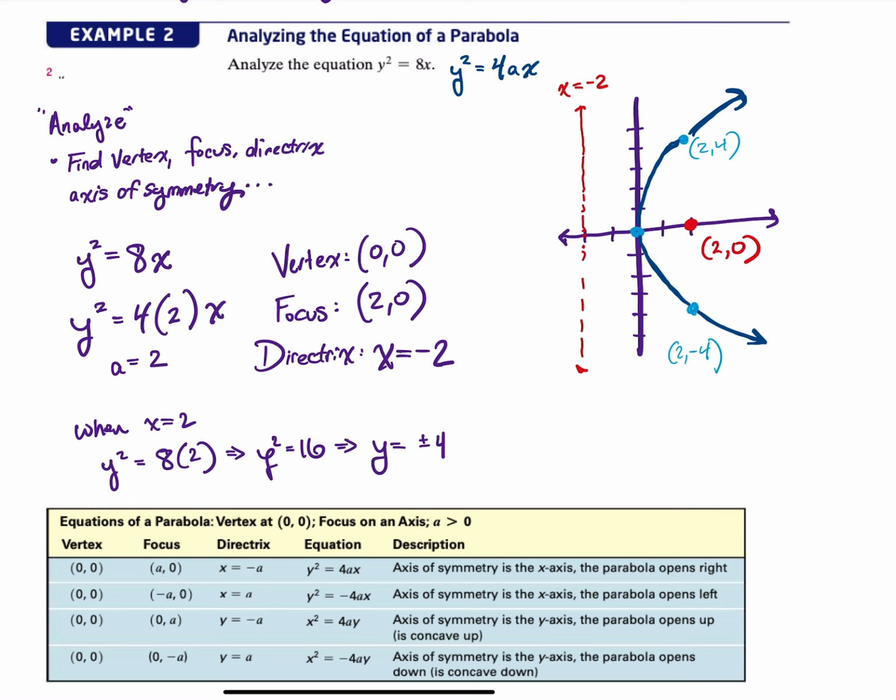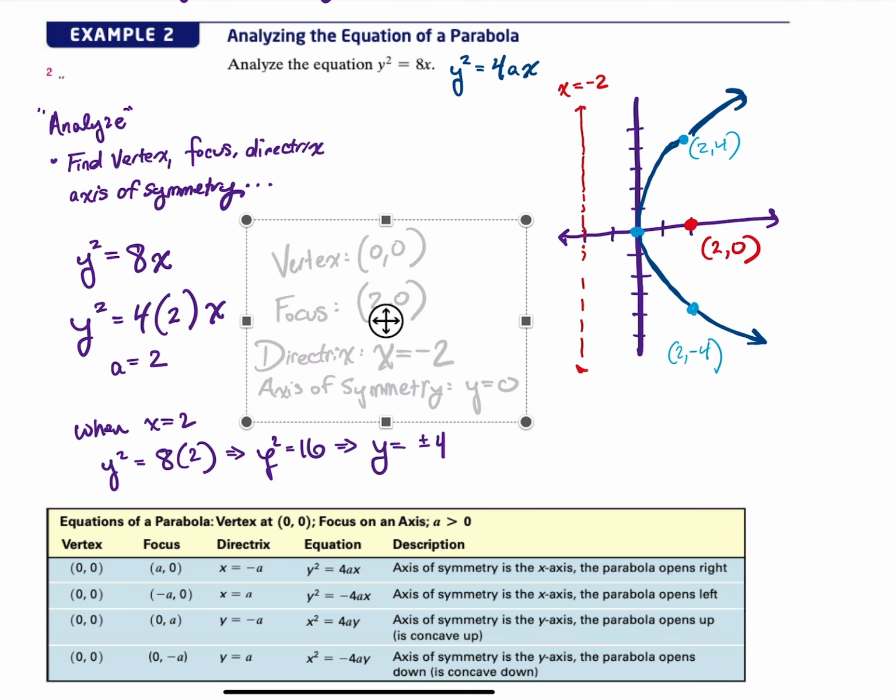What else can we add? We could add the axis of symmetry. In this case, it's opening to the right. The axis of symmetry is the line going through the vertex and the focus point. So that would just be the line y equals 0. Let me scoot this a little bit too.